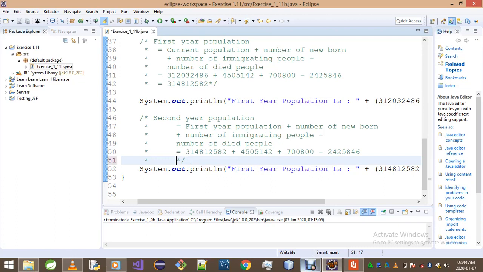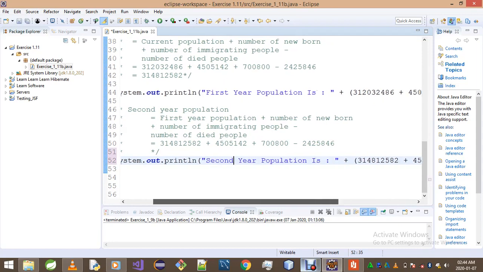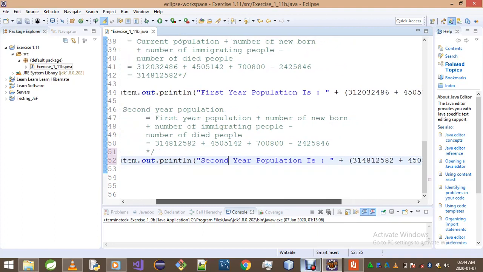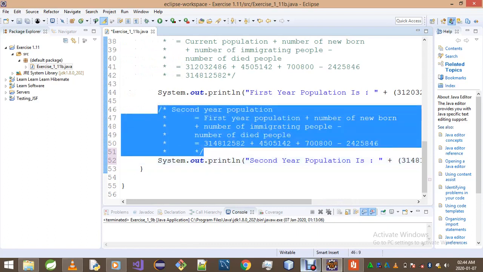Or let me just leave it out. Second, the population is this. You see, basically this will remain as it is.